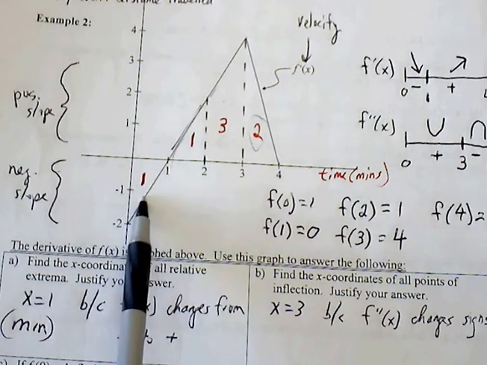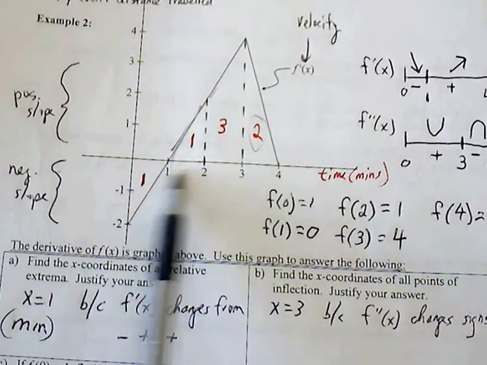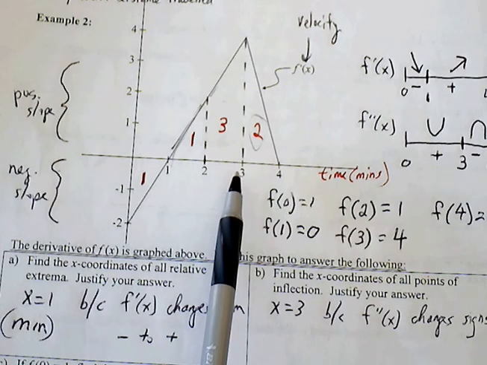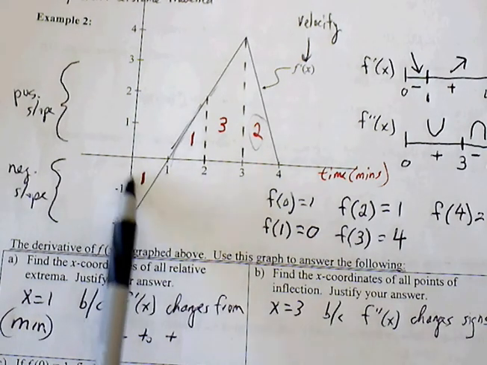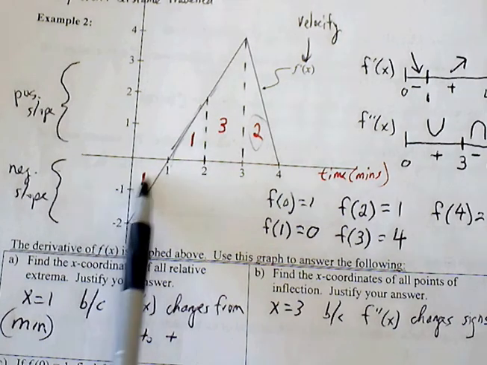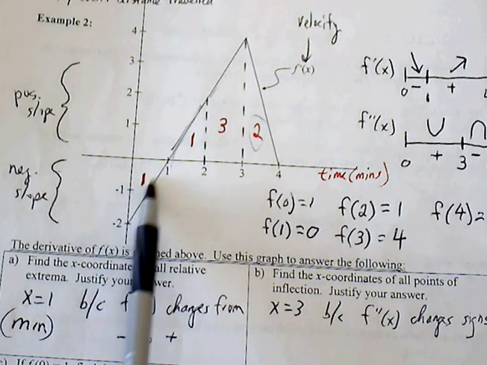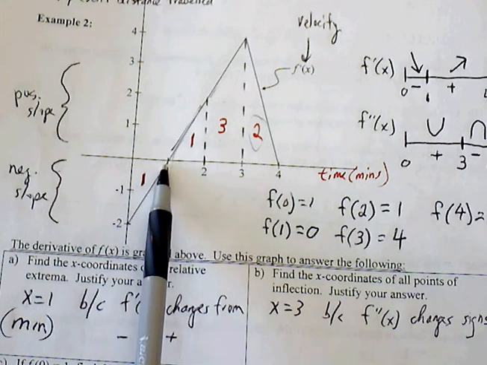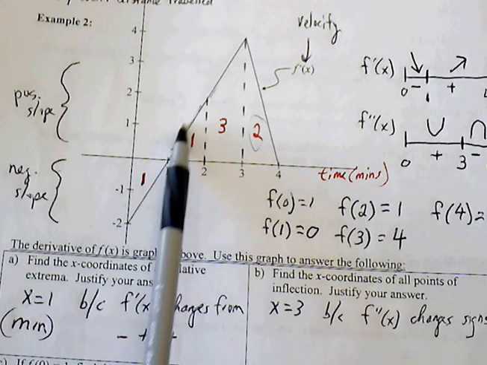Now, the distance that he covers is based off of the area between the x-axis and the curve. For instance, let's say 1, 2, 3, 4 on the x-axis represents minutes in time. This object is going to move in the opposite direction for 1 minute, and he's going to go 1 mile in the opposite direction. He's going to stop, and then from minute 1 to 2, he's going to cover 1 mile.